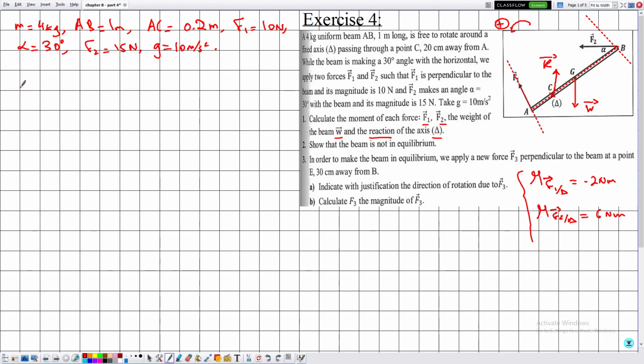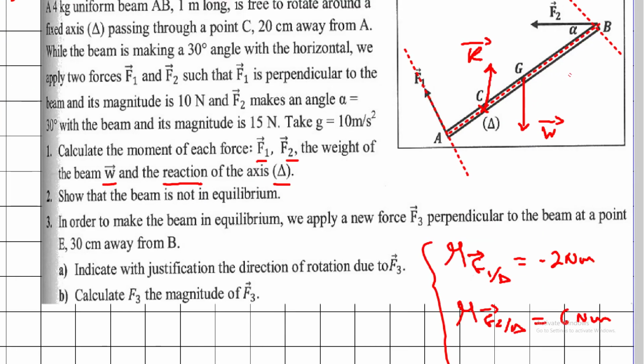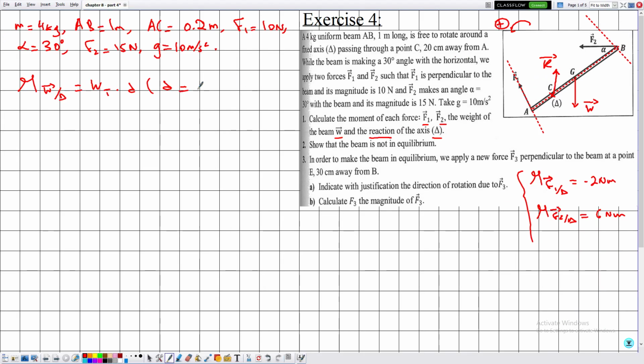Now what about the moment of the weight around the axis delta? It is given by the tangential component of the weight multiplied by D, knowing that D is the distance between the axis of rotation and the point of application of the force, which is CG.